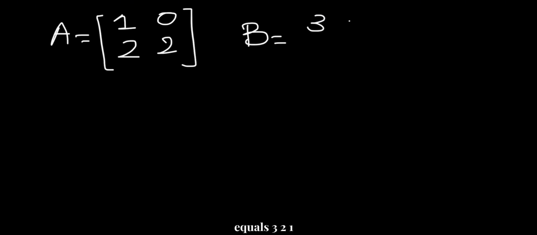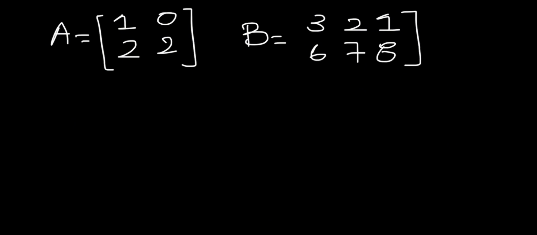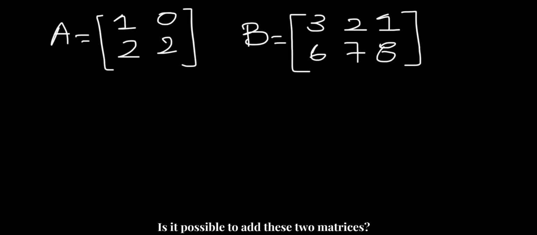How about these two matrices? A equals 1, 0, 2, 2. B equals 3, 2, 1, 6, 7, 8. Is it possible to add these two matrices?